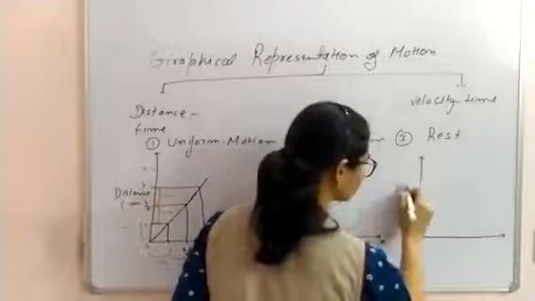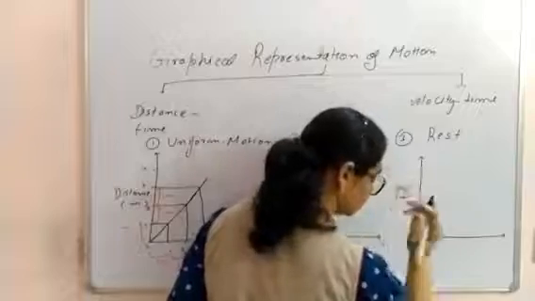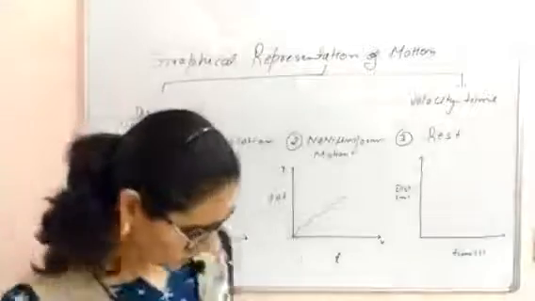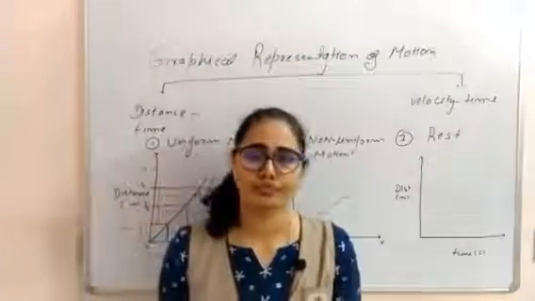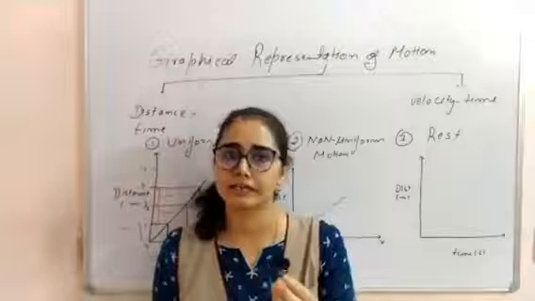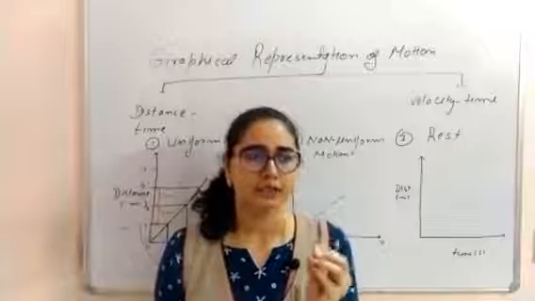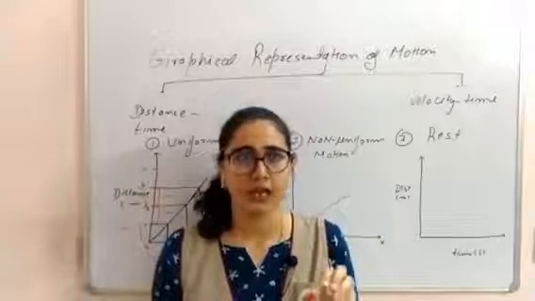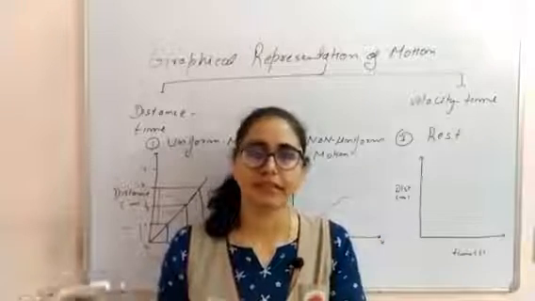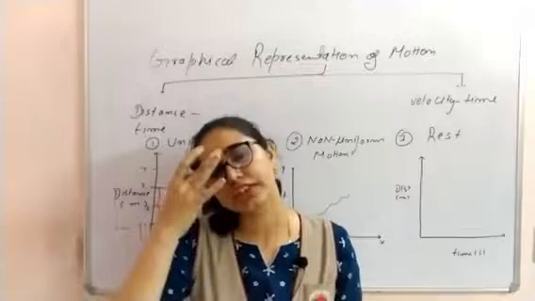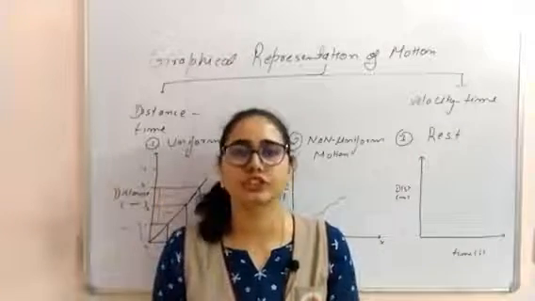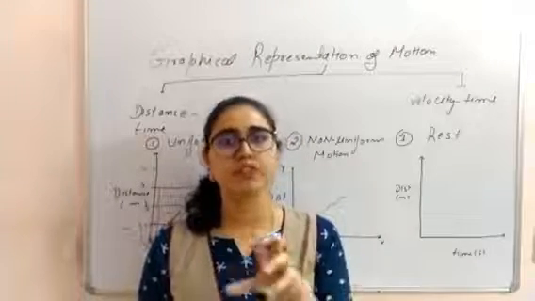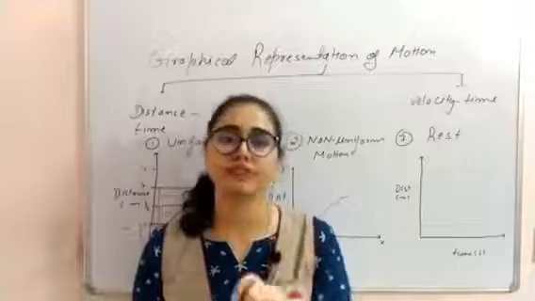Suppose at your home, your car is parked around 9 p.m. at night and till 6 a.m. in the morning, the position of the car is the same. The car is not changing its position, but time is changing. Time is not stopping anywhere, but the position of the car is not changing.